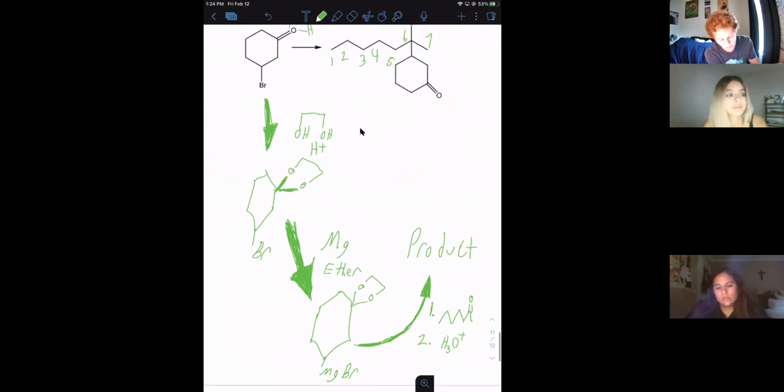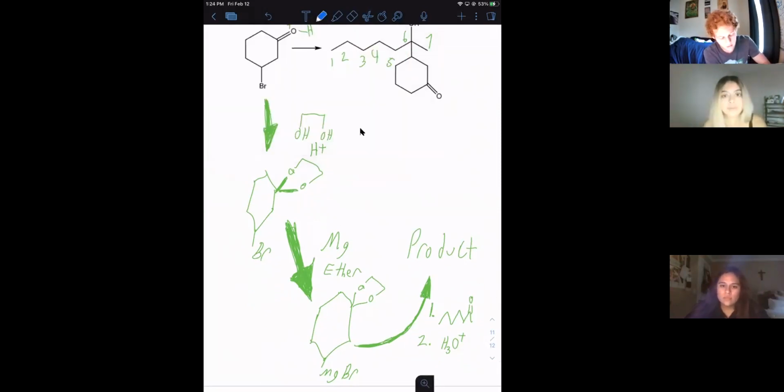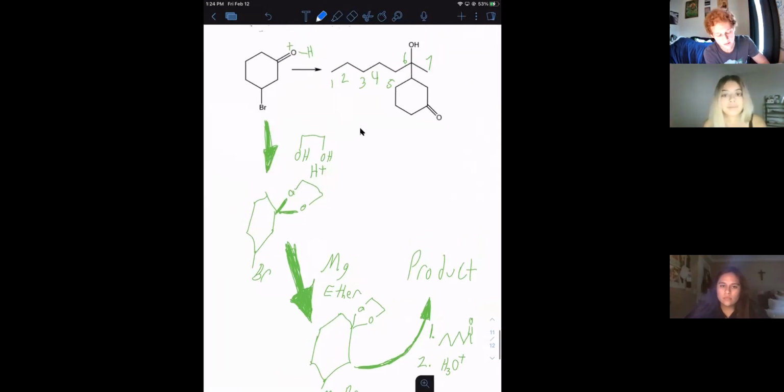And then because you've got this protected, you can add all of these carbon-carbon bonds. So becoming comfortable with seeing these as just something that can be protected and then become like a no factor.